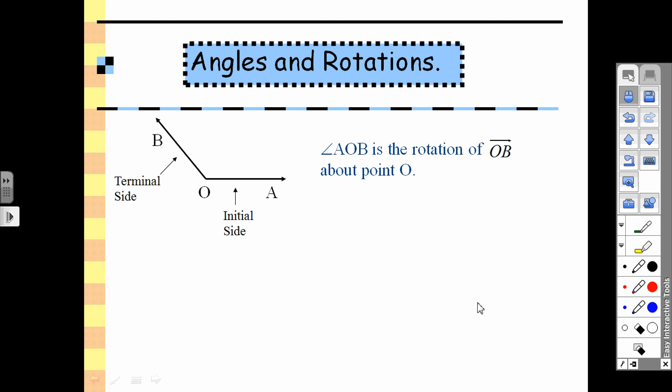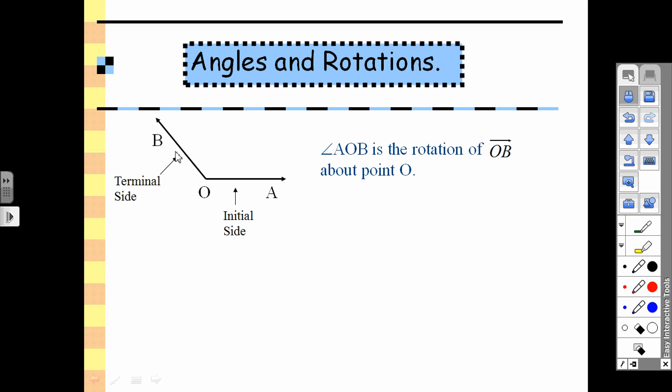So here we go. Angles, instead of just thinking of it as an angle hanging out in space or in a plane, we actually think about angles as being a rotation of a ray about a point. So in this example, I have angle AOB.